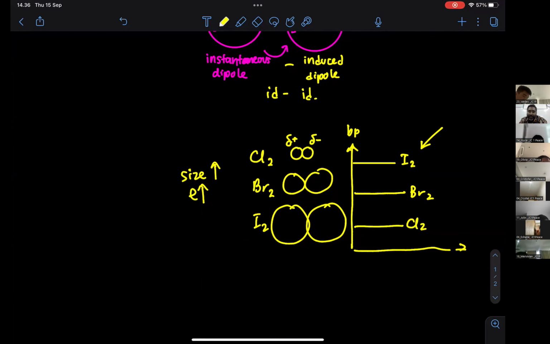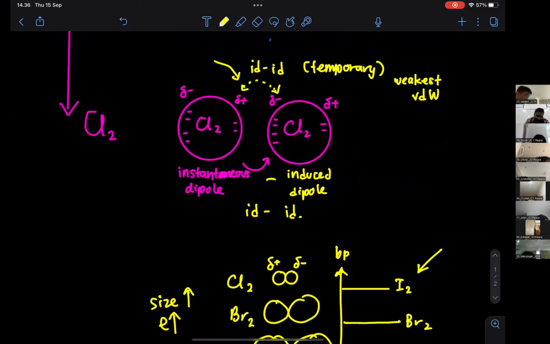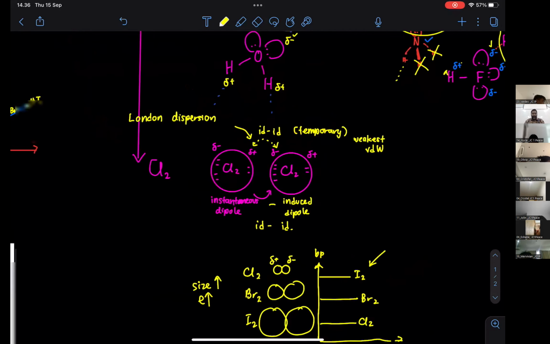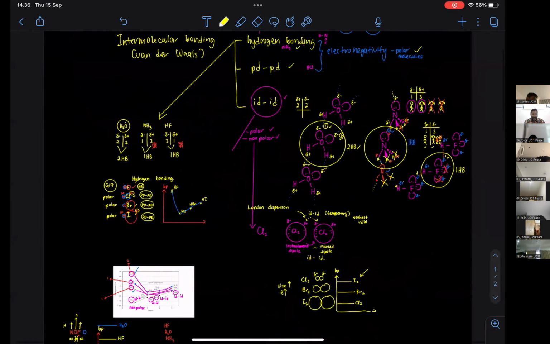This is also going to be known because it's related to electrons. We call it dispersion forces, and in your syllabus we call it London dispersion forces of attraction. And with that, I finish today's revision.